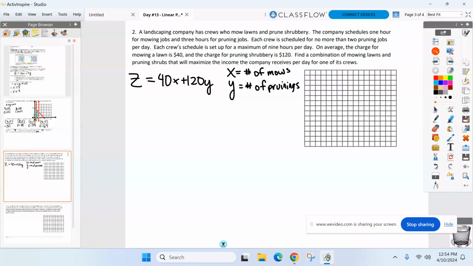What are we going to represent for that one? Only y, right? Only y. And no more than 2. Less than or equal to 2.